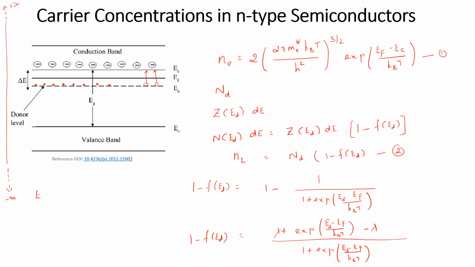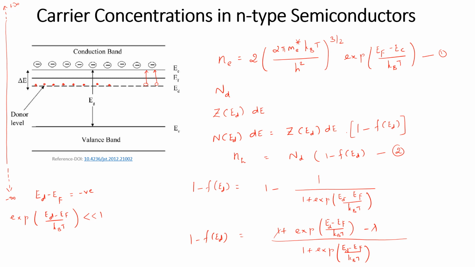Since ED minus EF is negative, what will I get? Exponential of ED minus EF by KBT will be much lesser than 1. So what can I do?